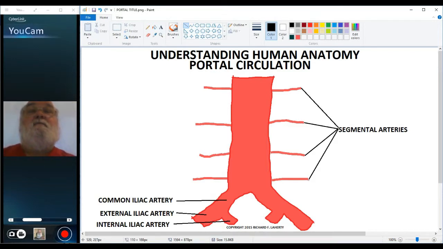Then we will have a relatively large renal artery on each side, and the renal artery will originate more superiorly on the left side than it does on the right side.